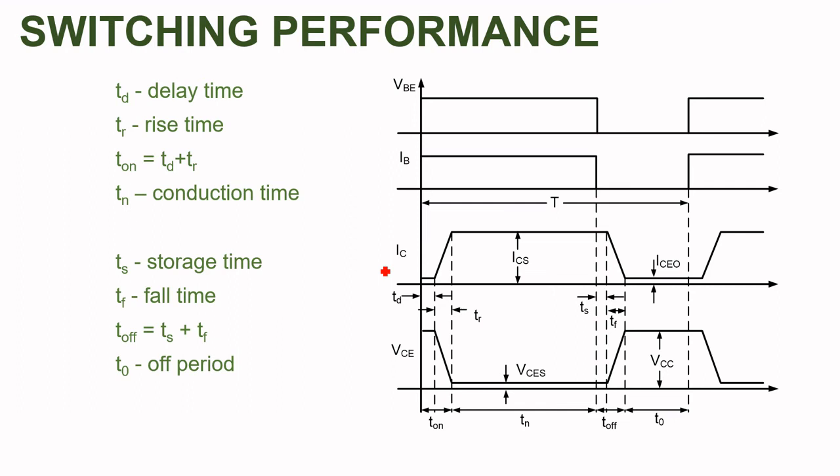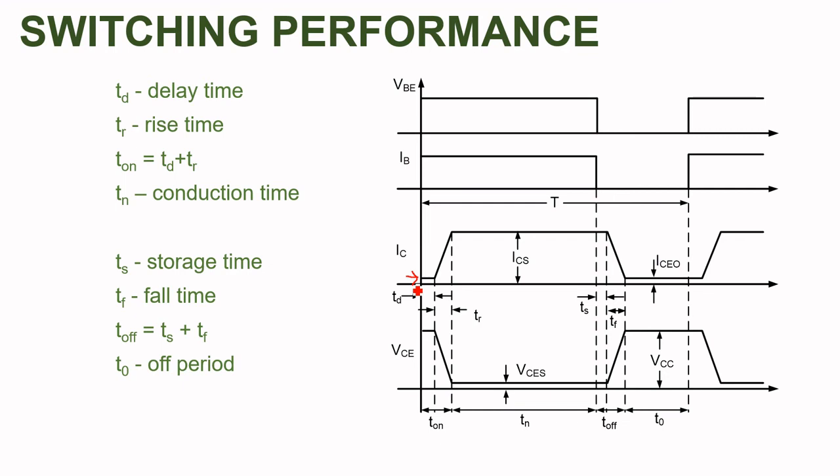When the base to emitter voltage VB is applied, the base current rises to a value of IB. The collector current, however, remains 0 or equal to the collector to emitter leakage current, that is ICEO, as shown in the figure.